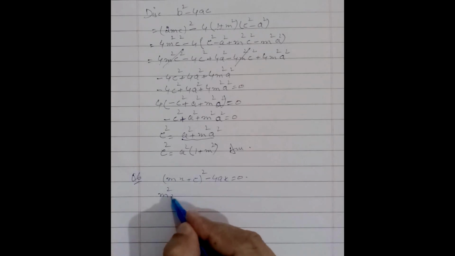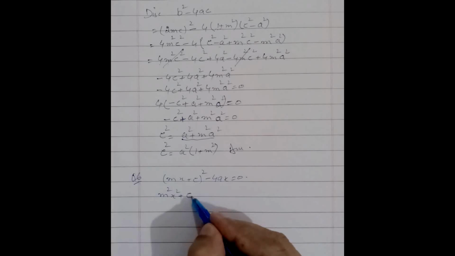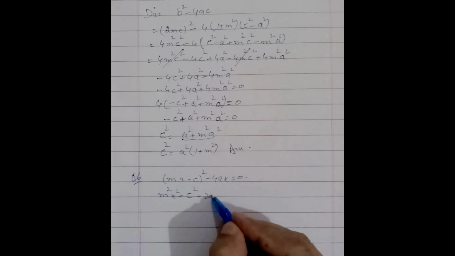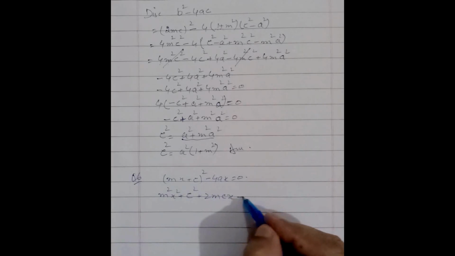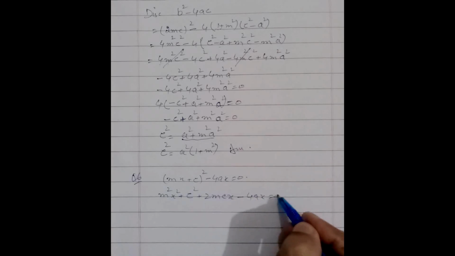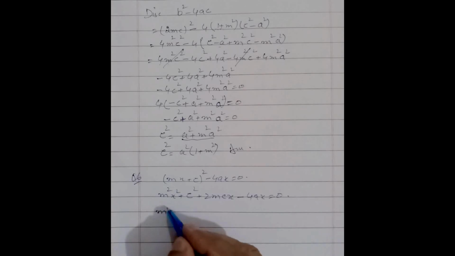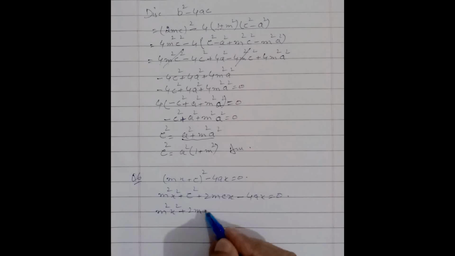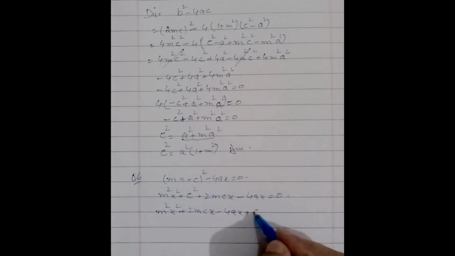We get m²x² + c² + 2mcx − 4ax = 0. Arrange these values: m²x² + 2mcx − 4ax + c² = 0.